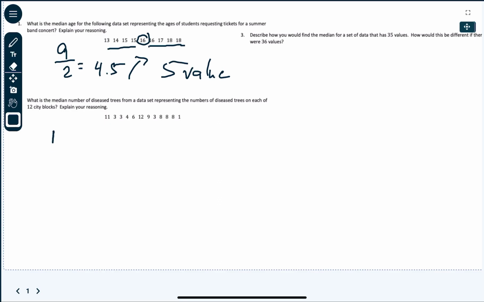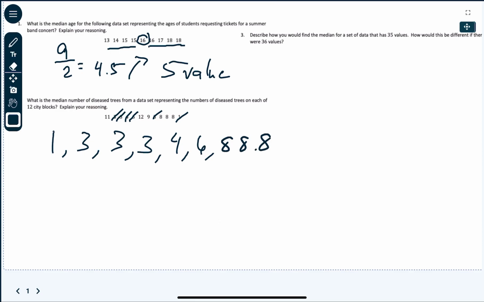So let's rewrite them. We have 1, 3, 3, 4. Nope, we got 3 threes, don't we? 3, so mark them off as you do. 4, 6, nope, 8, 8, 8, 9, 11, 12.